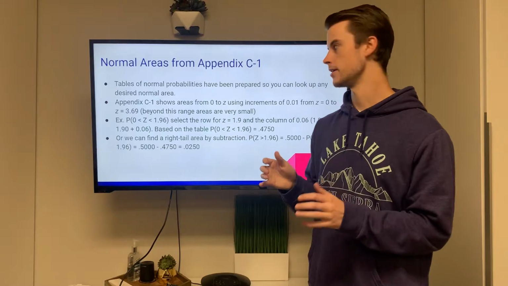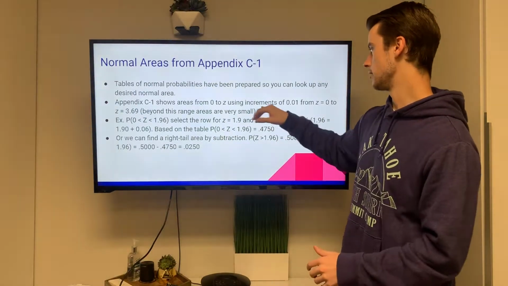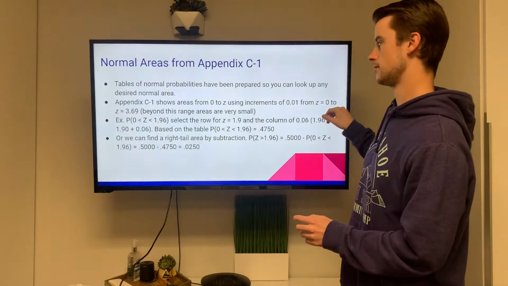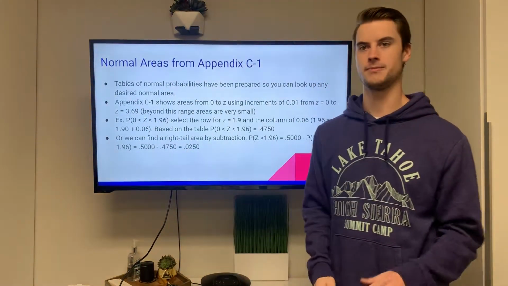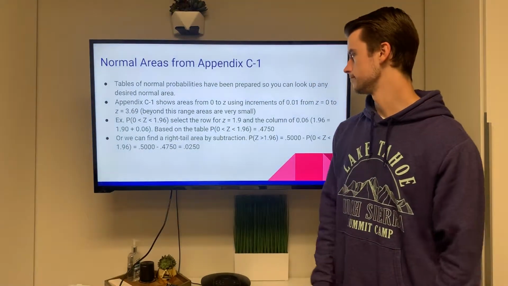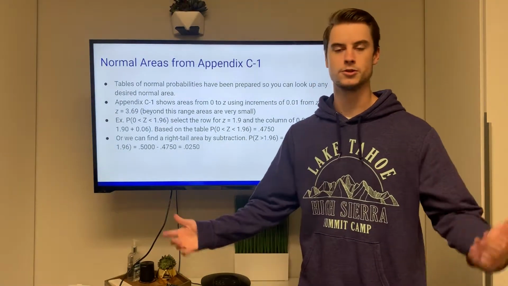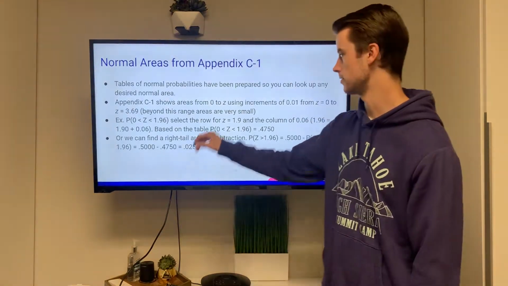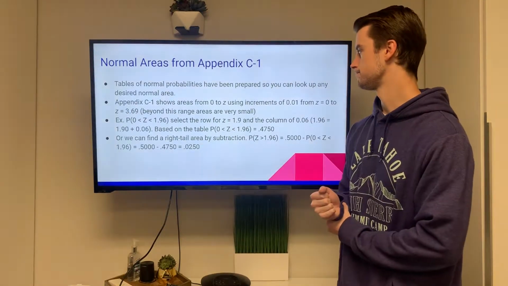It's a middle area. It goes in increments of 0.01, from z 0 to 3.69, which is the max, because beyond this range the areas are too small to be important to calculate.